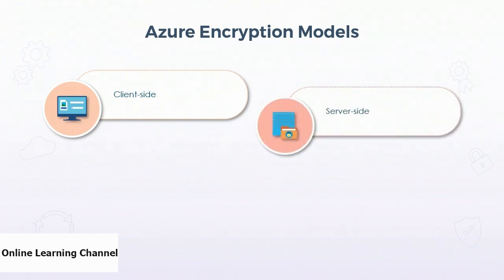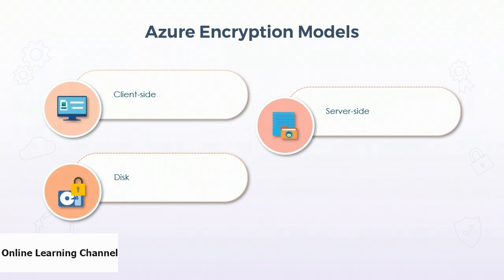Now, server-side encryption is effectively the opposite of client-side. With server-side encryption, Azure handles the encryption and decryption of the data as it enters and exits the system. Now, Azure is the one that controls the keys in that case. This is generally the simplest approach, but it does mean that there's a certain amount of trust that's afforded to Azure, as it will be able to see your raw data.